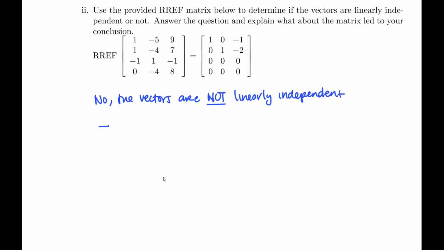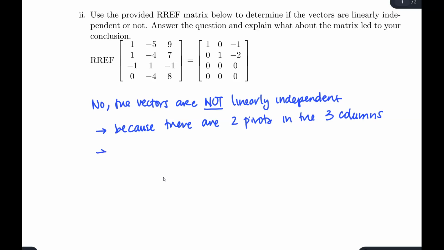Now here we have, because there are 2 pivots in the 3 columns, right? That's one way we could look at this, because now we're comparing pivots to columns versus pivots to rows, like we were when we were talking about spanning.